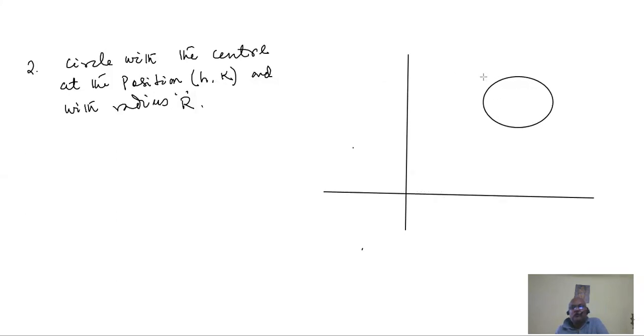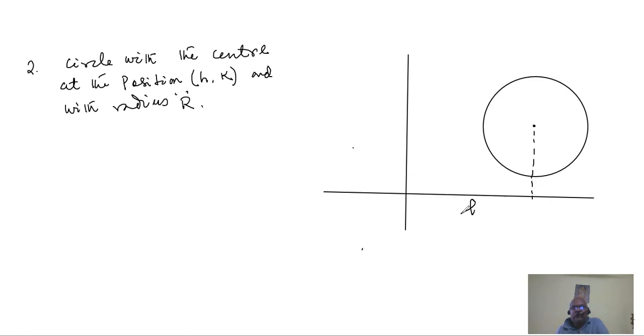The center won't be at the origin, but at a different point, whose coordinates we have already specified. The center will be having coordinates h and k. So this must be h, and that must be k, the y coordinate of the center.